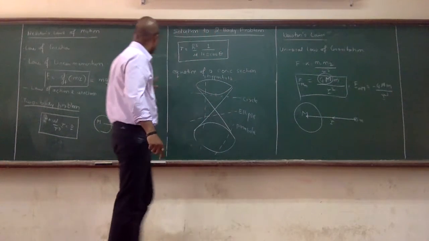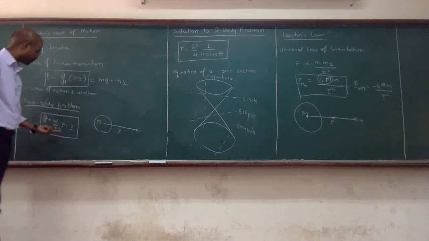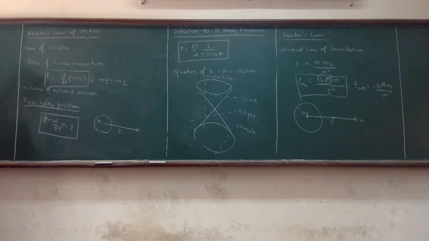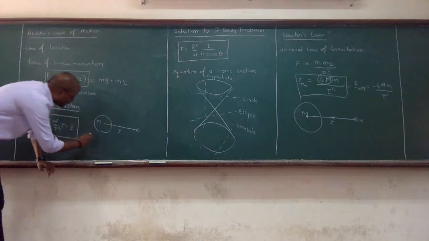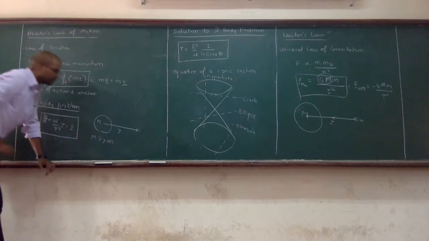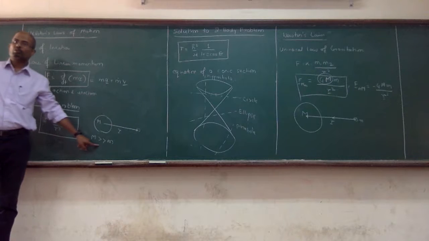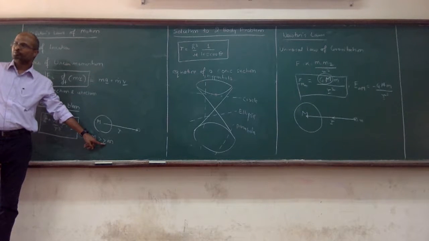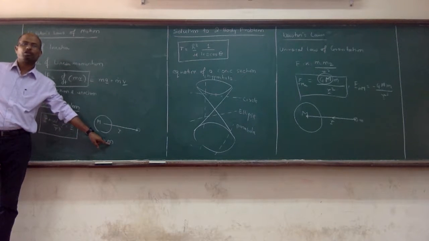So this is derived under three assumptions, and I'll have to give you the assumptions. The first assumption is M is much greater than m. That means we can ignore this m.